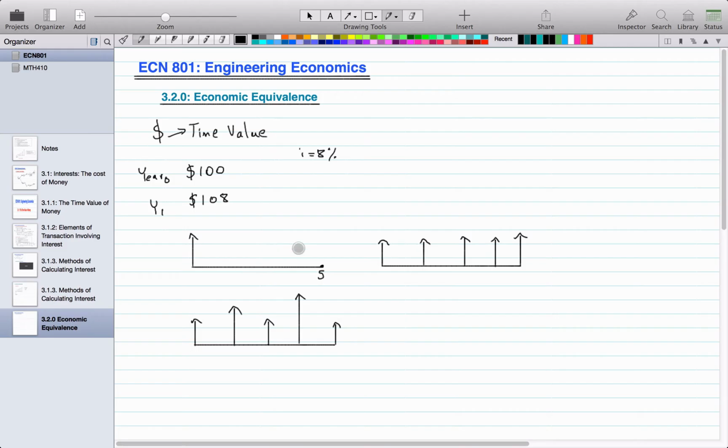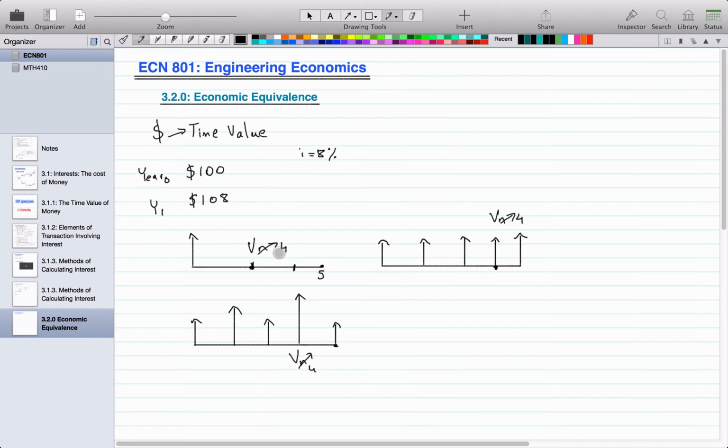Now these are 3 different cash flows, so at any point on any cash flow we can figure out what the amounts are worth, or the VN at this period, where N would be 4. Instead of choosing this point, let's choose this point, so N would be 4.